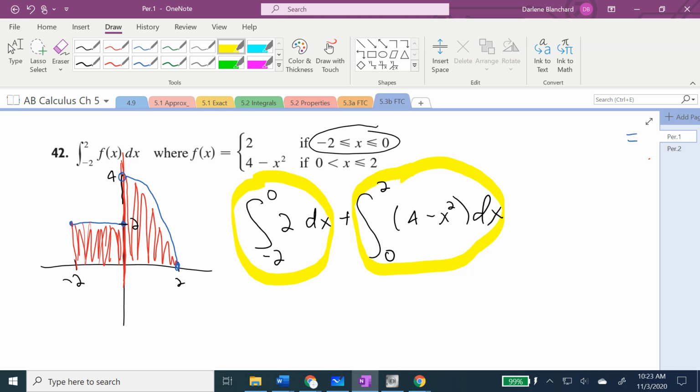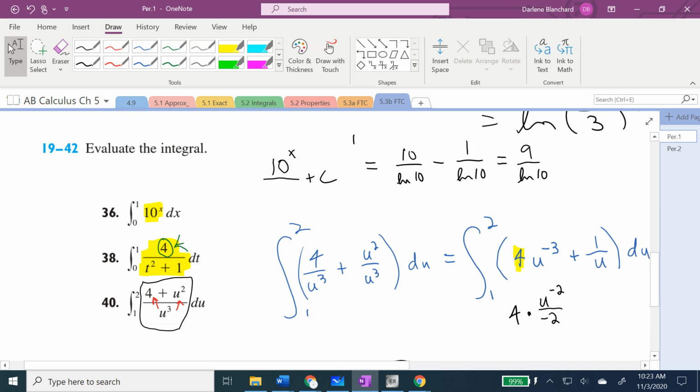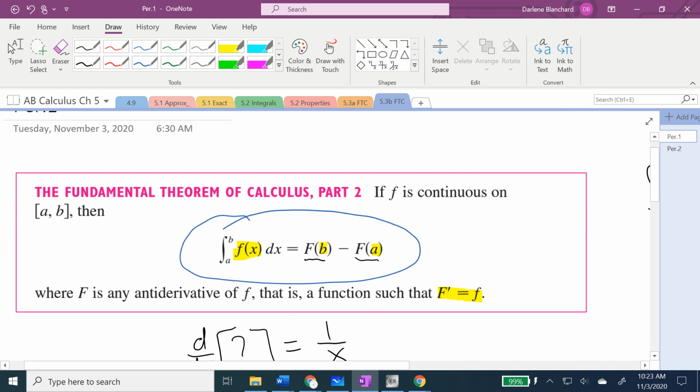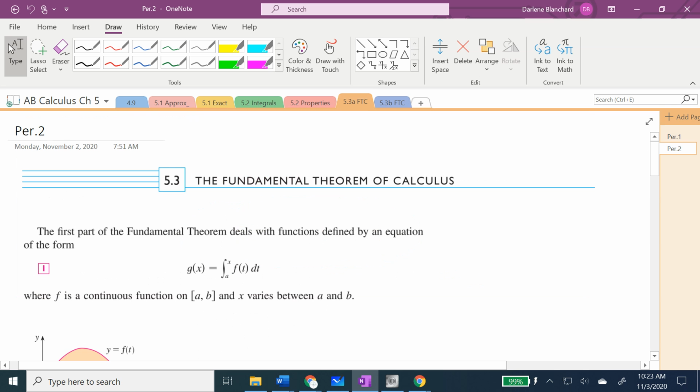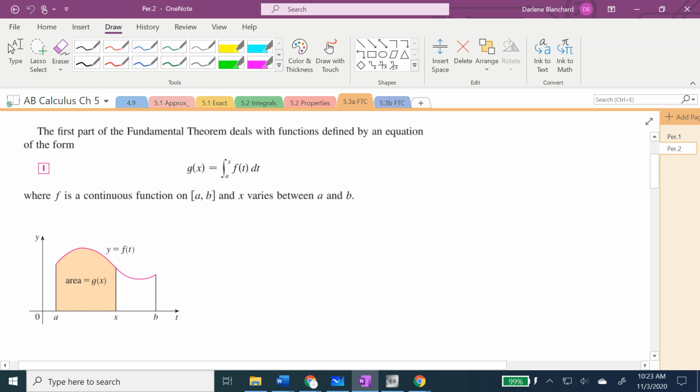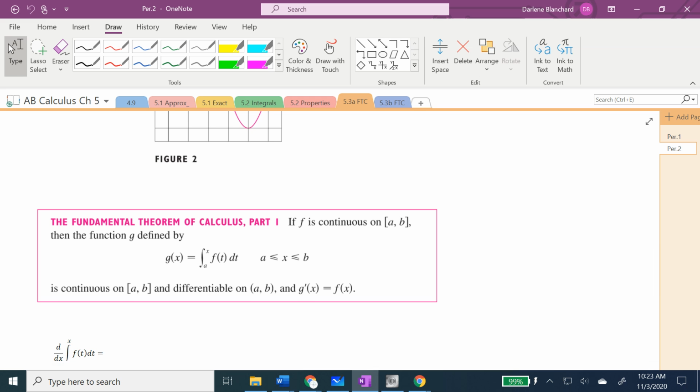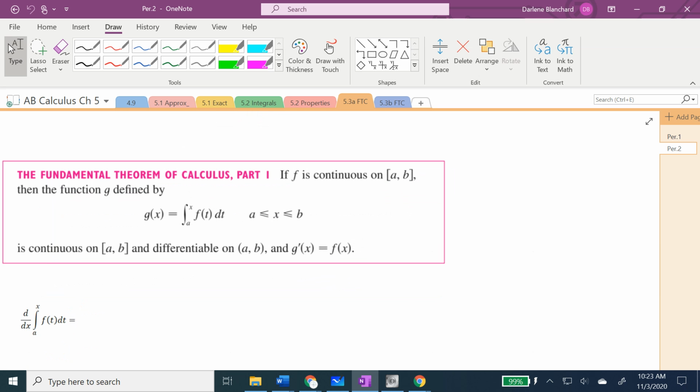Now, I want to talk to you also about a way that you can combine the 2 fundamental theorems. So I'm going to go back and remind you of today we looked at this fundamental theorem. Yesterday, we were looking at this fundamental theorem.